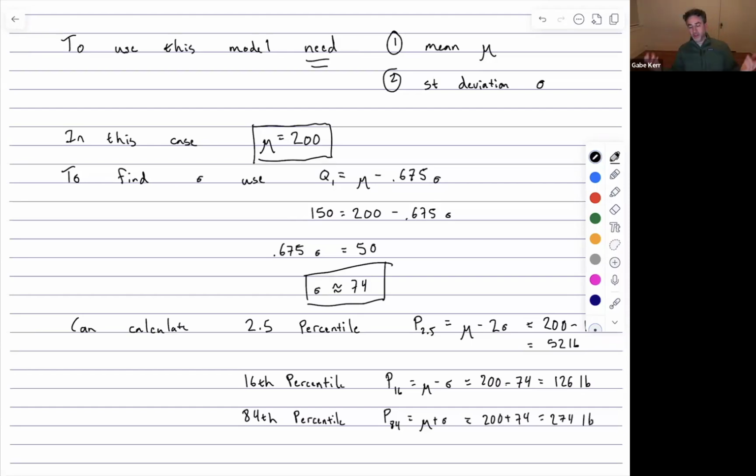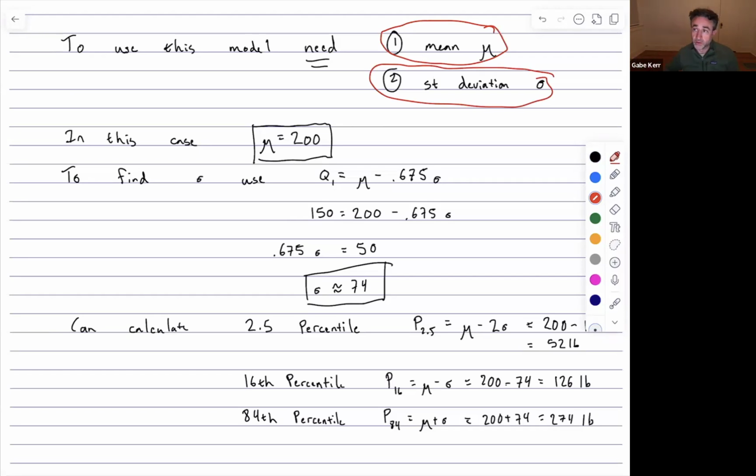So you see that some of the basic statistics that you would want to calculate can be pulled from just the assumption of an approximately normal distribution. Again, the things you need are the mean and the standard deviation in order to calculate these.